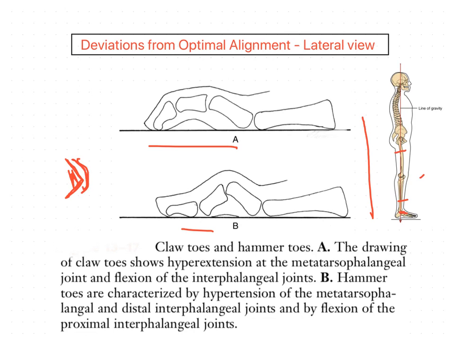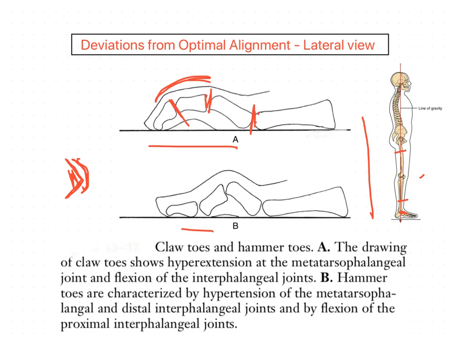Claw toe is a deformity of the toes characterized by hyperextension of the metatarsophalangeal joint combined with flexion of the proximal interphalangeal joint and distal interphalangeal joints. So hyperextension and flexion at both the interphalangeal joints.